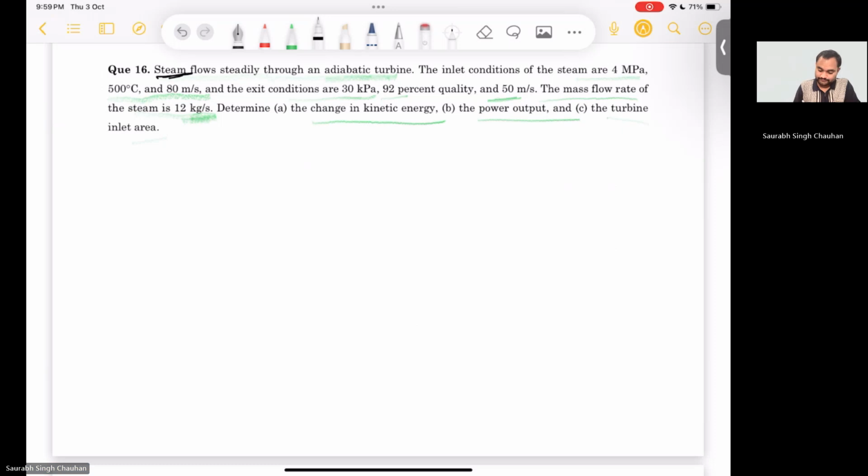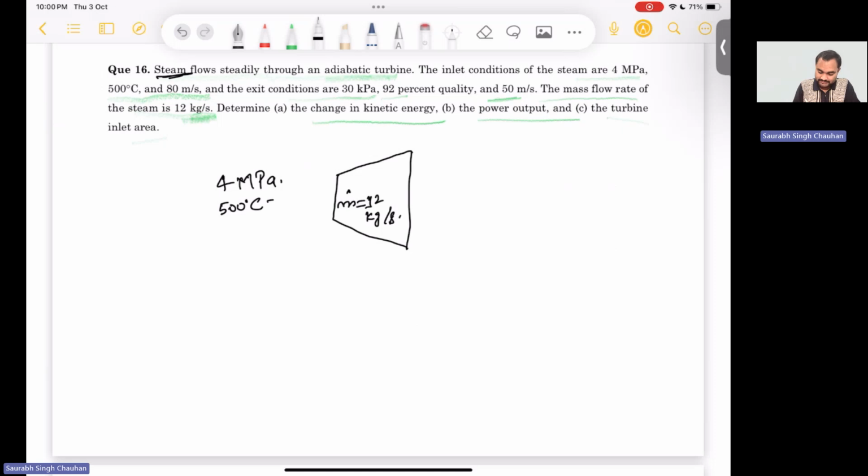We have a turbine, and the mass flow rate is 12 kilogram per second. At inlet, the conditions given are 4 megapascal and 500 degrees Celsius temperature, so 773 Kelvin.